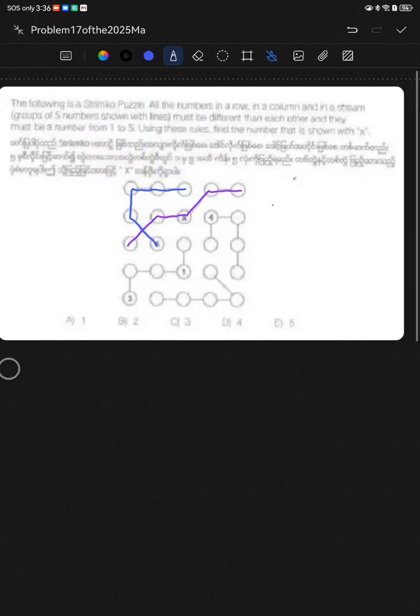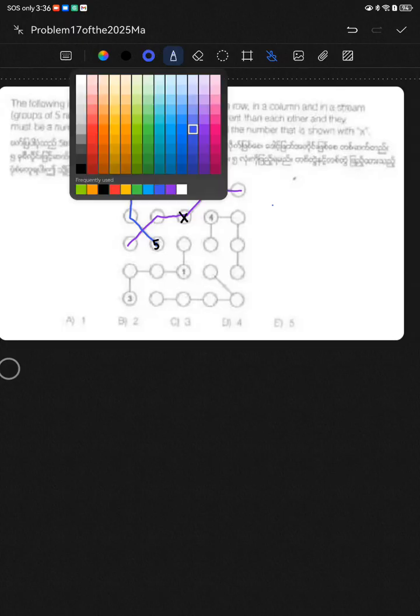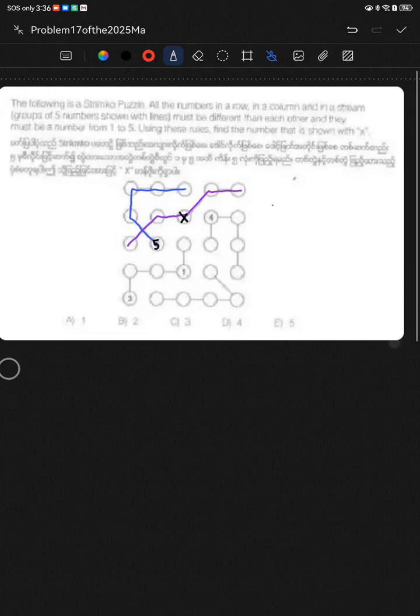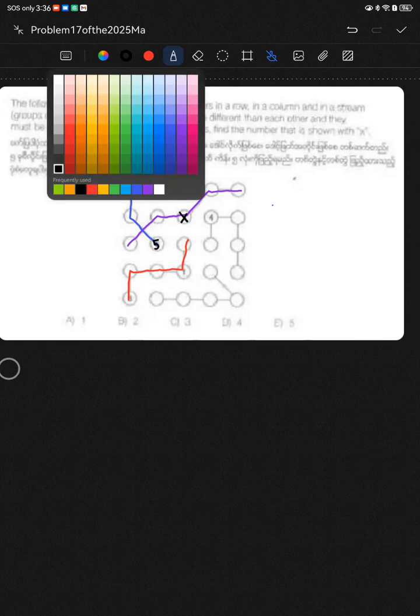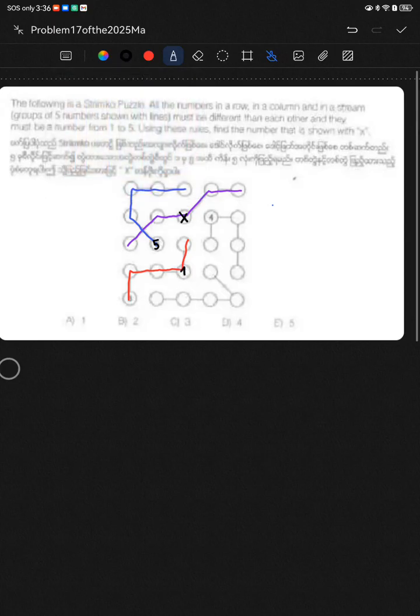Just wait. Don't forget to rename. This is 5. This is X. This is the third string. Don't forget to rename. This was originally 1. And that is 3.